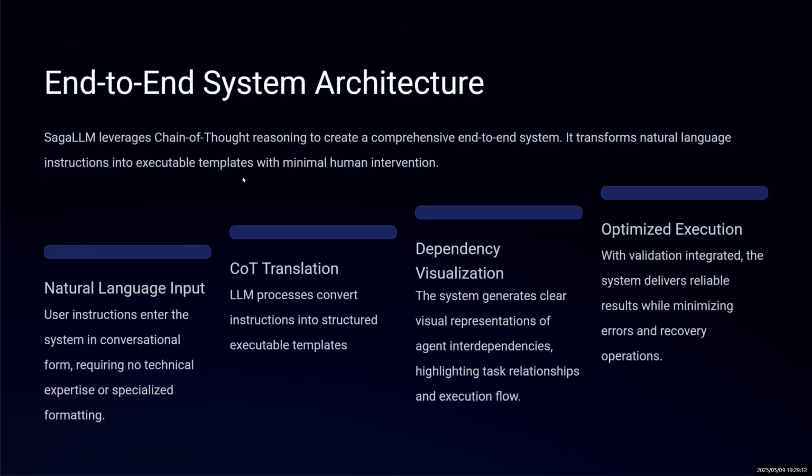Integrating our previously established context memory, rollback mechanism, and optimization layer with the Saga large language model structure, we have built an end-to-end system. This system follows a workflow that begins with receiving natural language input from the user, including task details and constraints, and translates it by a COT-based agent into executable templates.